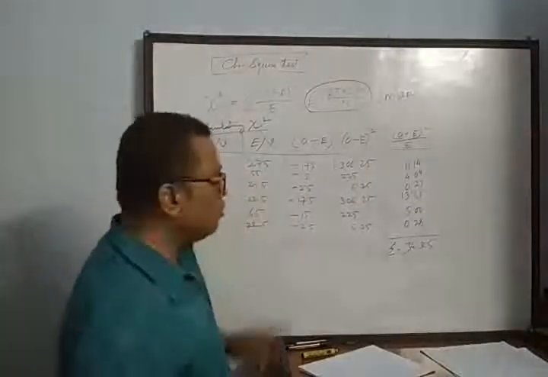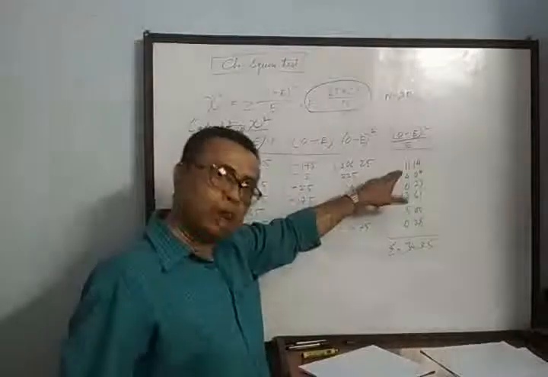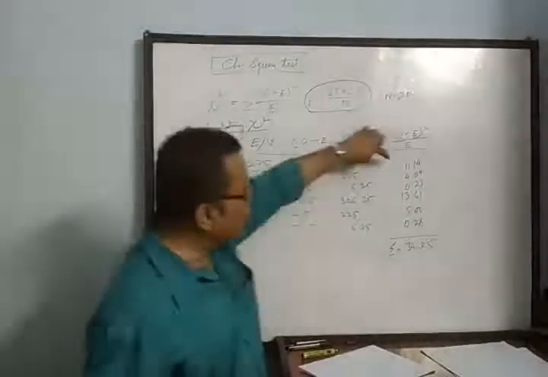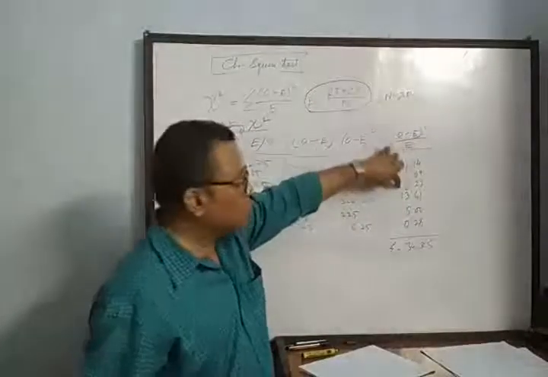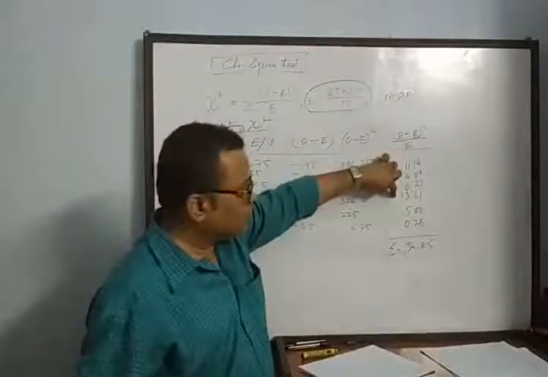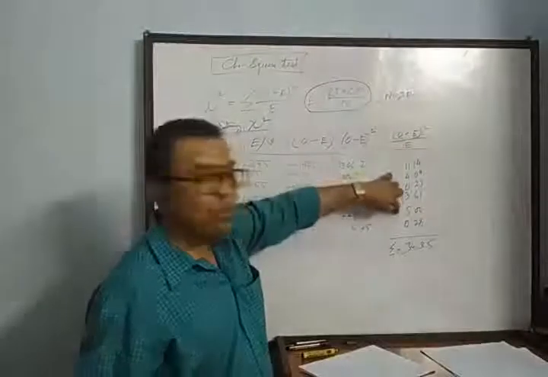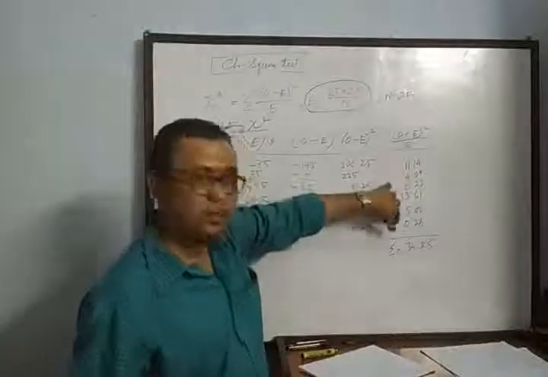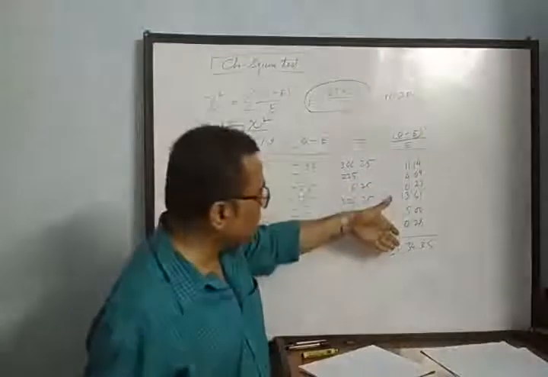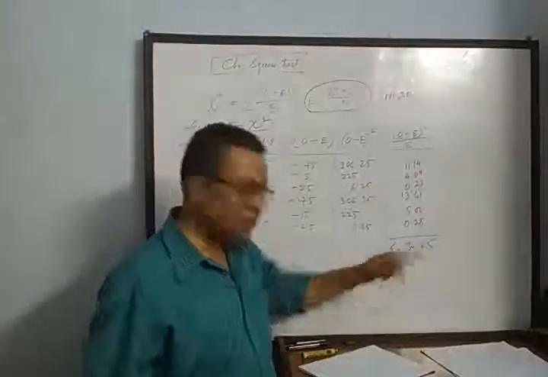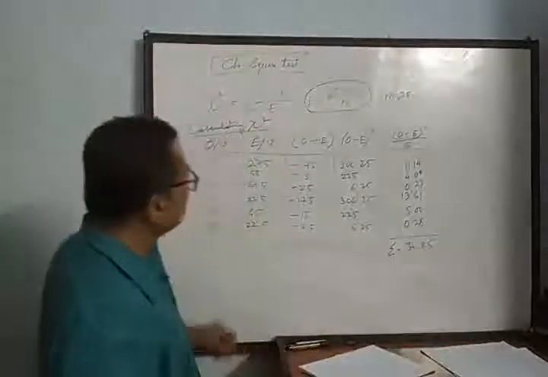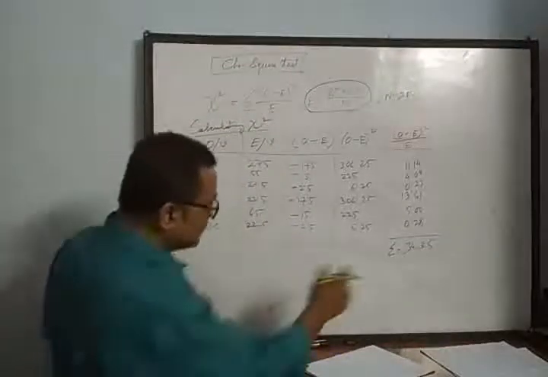After calculation we will get 11.14 and similarly we will get 4.09, 0.23, 13.61, 5.00 and 0.28, and the summation of this column is 34.35.